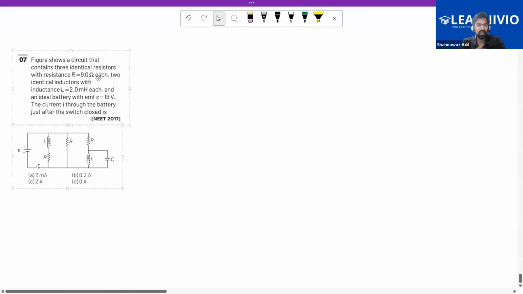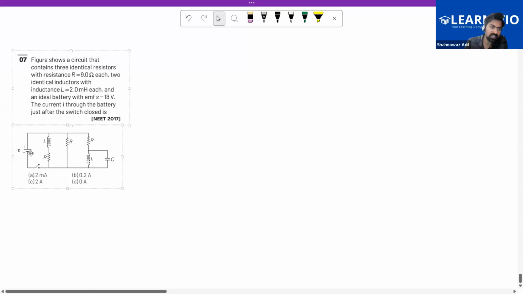And what do we have? Figure shows a circuit that contains three identical resistors, 9 ohm, two identical inductors, this, and with EMF 18. The current I through the battery just after the switch is closed.